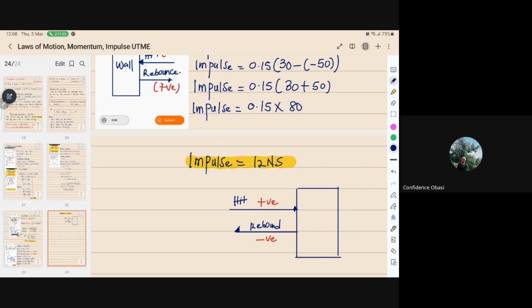So that means when you hit it, that was the initial velocity, which gives me plus 50. The rebound is going to give me negative 30. So the impulse will be equal to 0.15 open bracket, V is minus 30 minus U, which is 50.